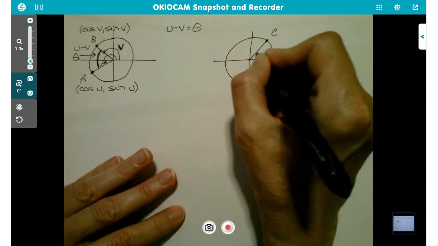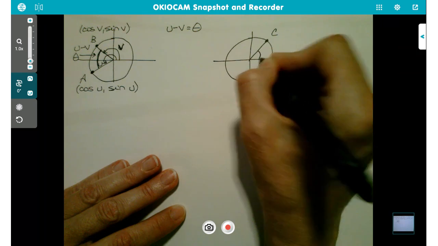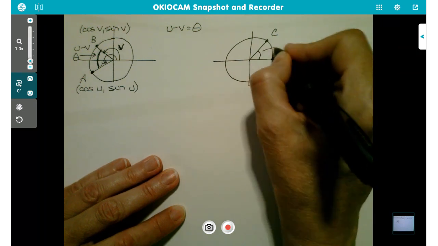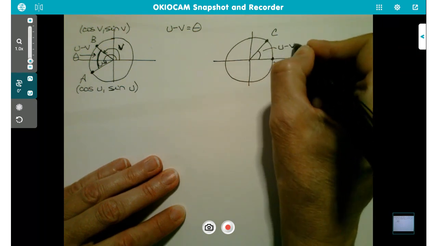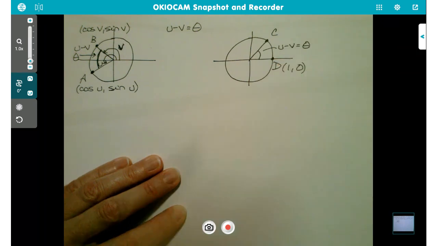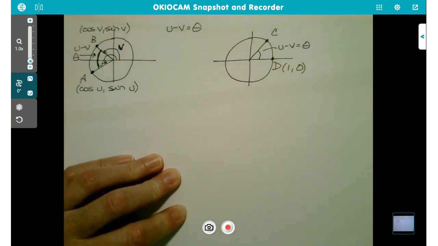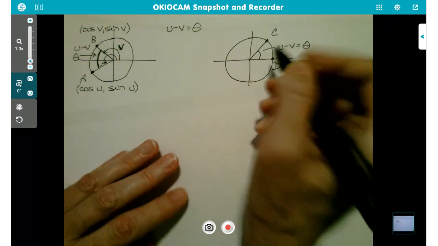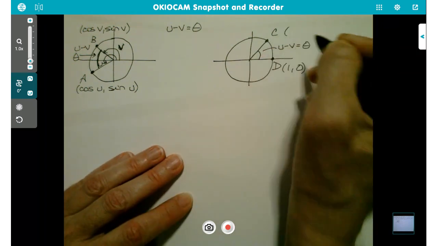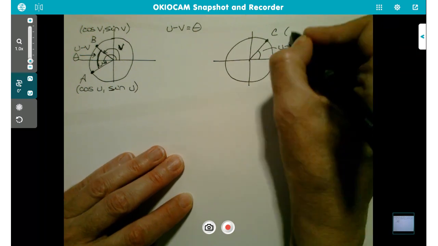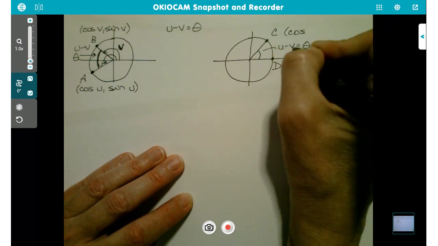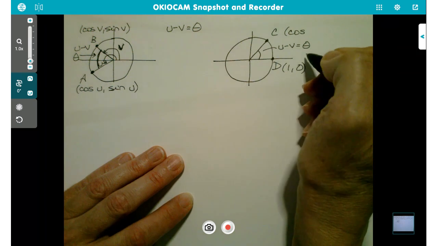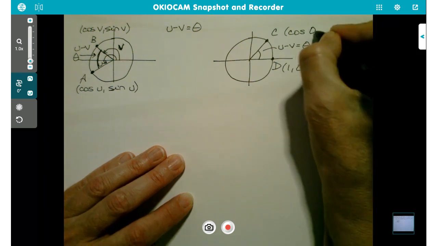So the space in between the two sides is still U minus V, or theta, two different names for the same angle there. So I can give point C coordinates, because this is still the unit circle. This is cosine of U minus V and sine of U minus V, which I'm going to call theta because it's shorter.